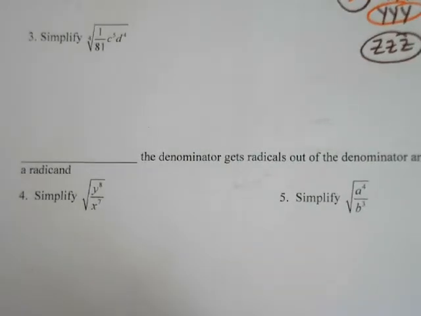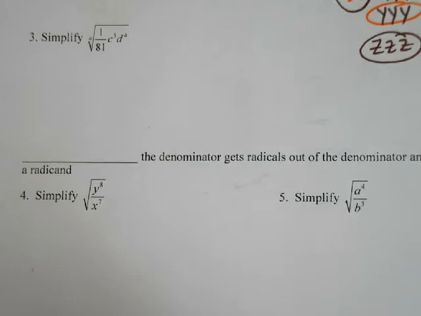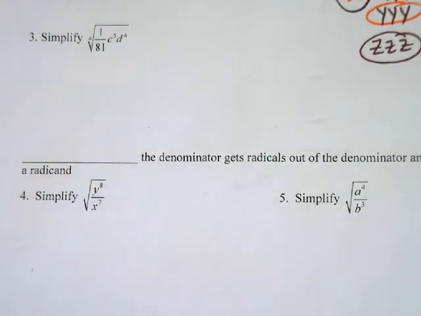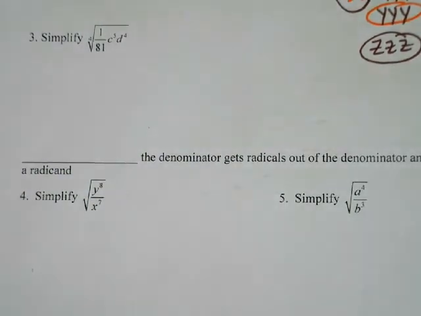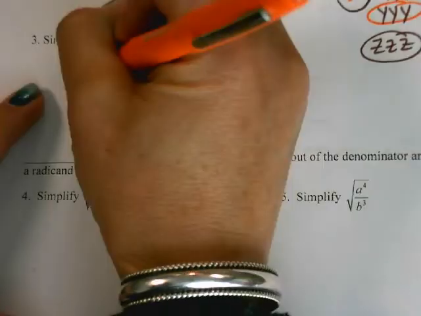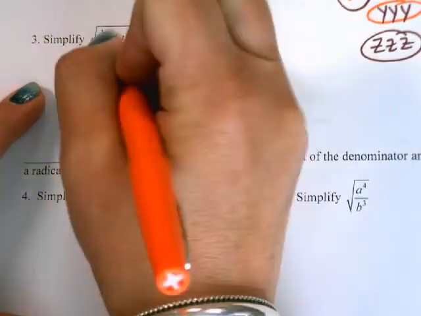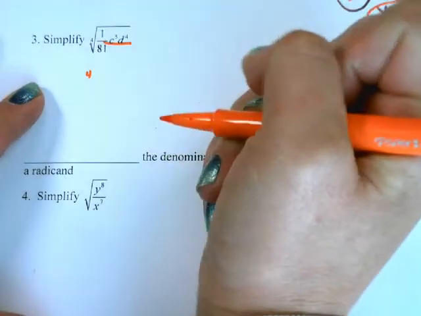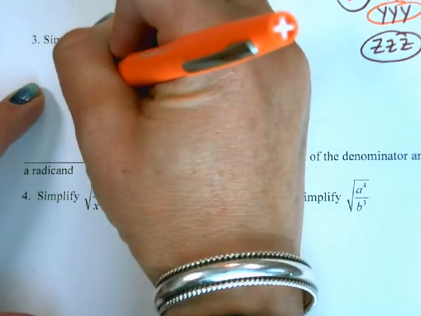Okay, number 3. We have the 4th root of 1 over 81 times c to the 5th d to the 4th. I'm going to rewrite it so that that guy's all on the top and the 81's on the bottom.